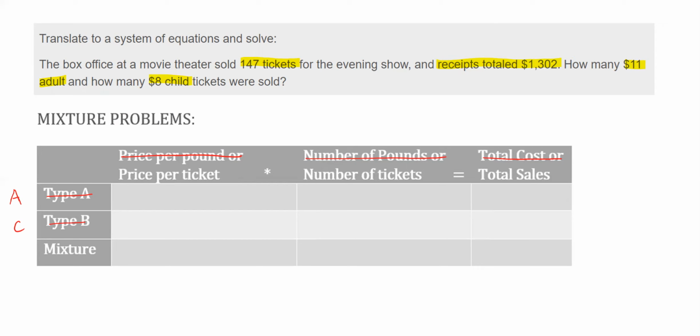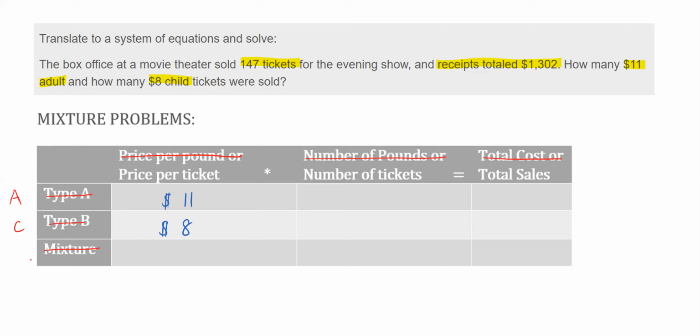All right, price per ticket for the adults, we saw that to be $11. Let's fill that in. For the child, it's $8. Another thing, in this case, the mixture makes no sense, because you're not going to mix the adults and the children and get a new result out of it.